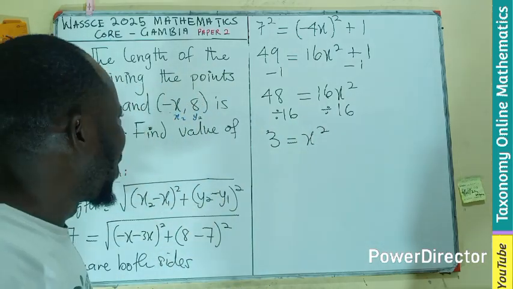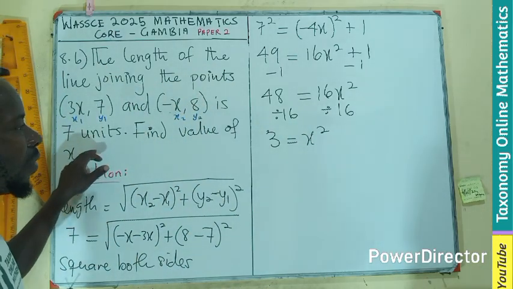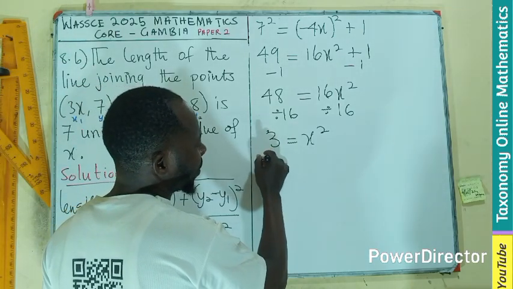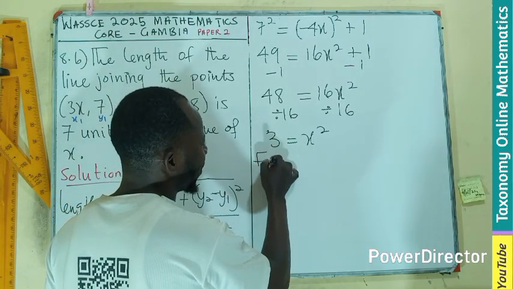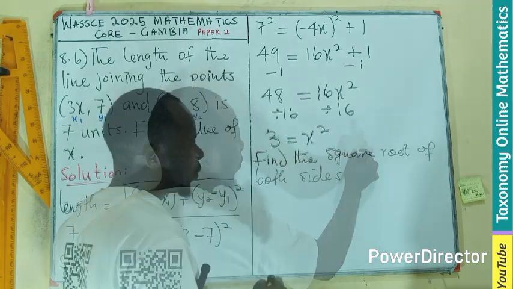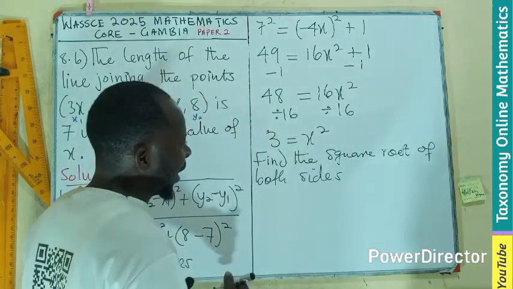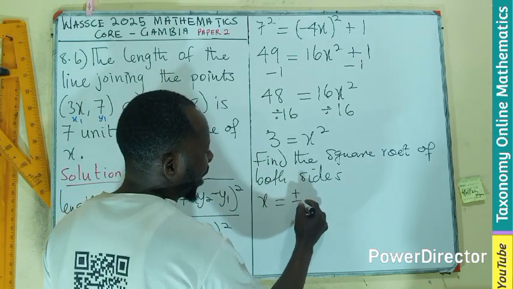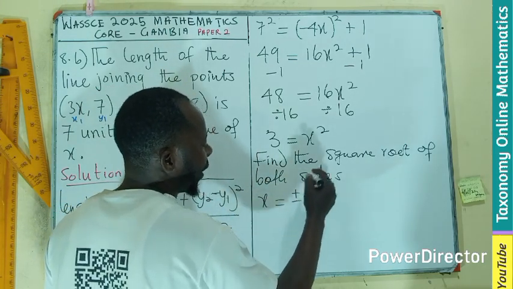All right. But we are looking for the value of x. So here we are going to find the square root of both sides. So if you find the square root of both sides, we are going to have x equals plus or minus root 3.